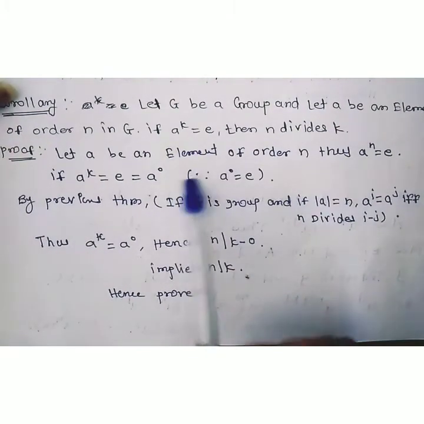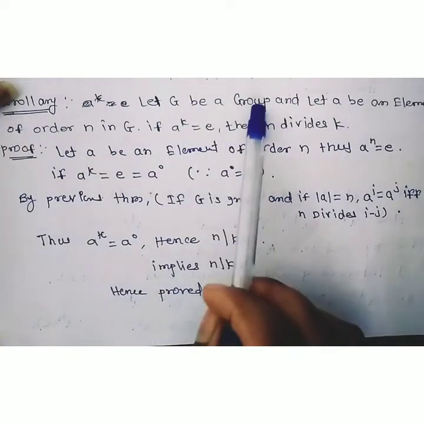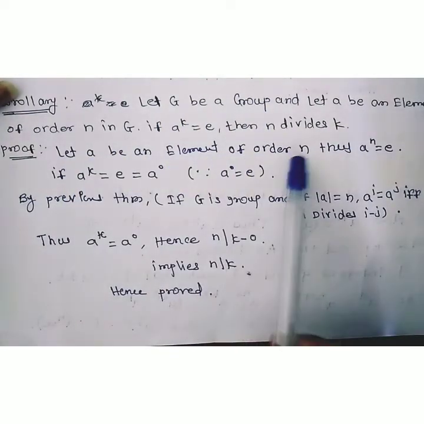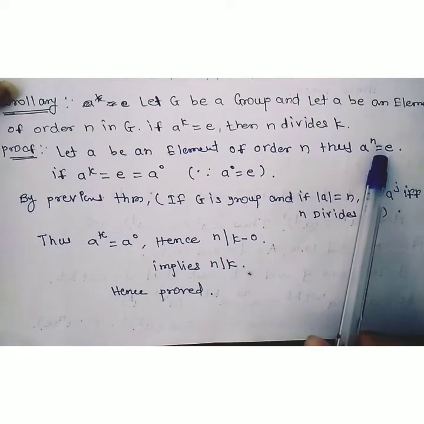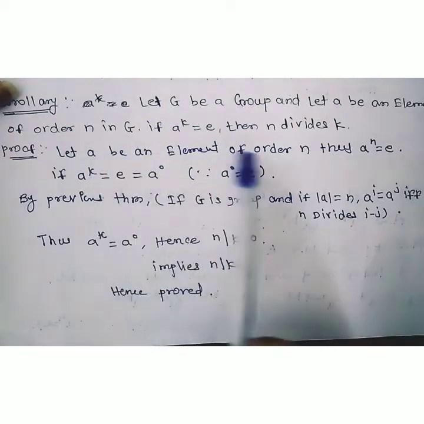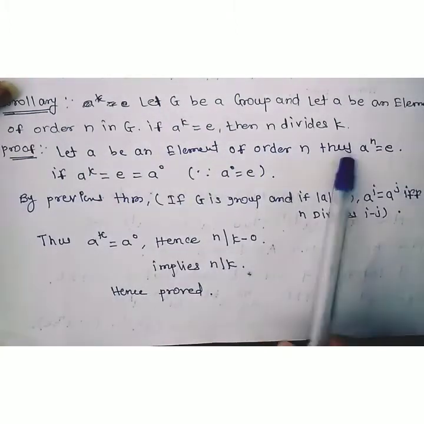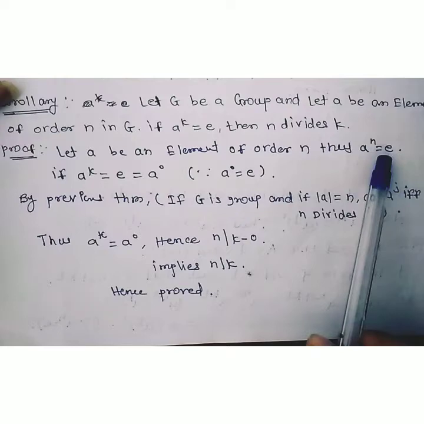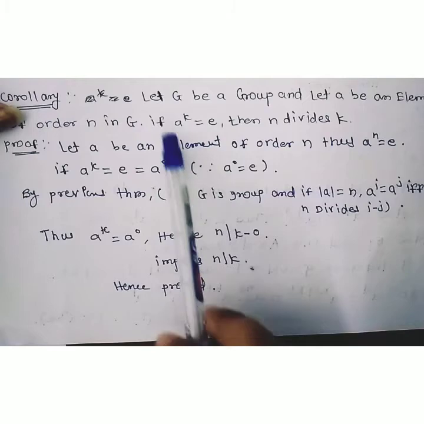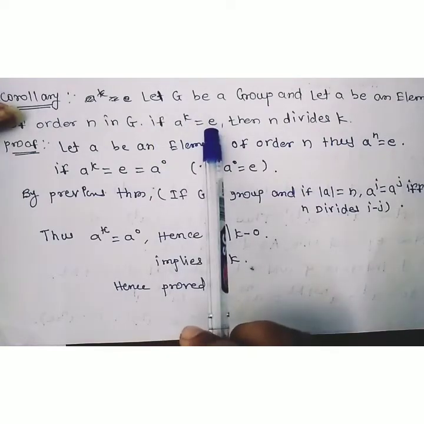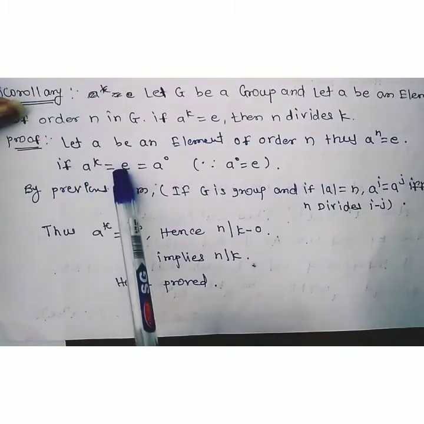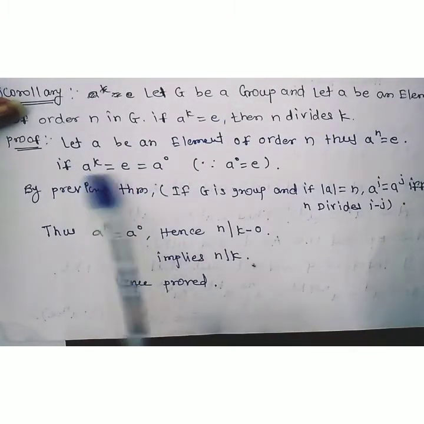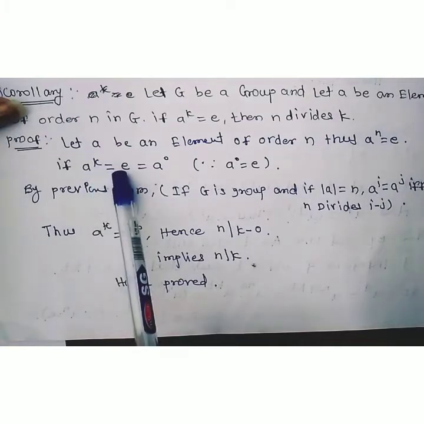Now the proof. We are given that G is a group and let A be an element of order n. Thus A raised to n is equal to identity, by the definition of the order of an element of a group G. Now we are given that A raised to k is equal to identity, and we have to show that n divides k.